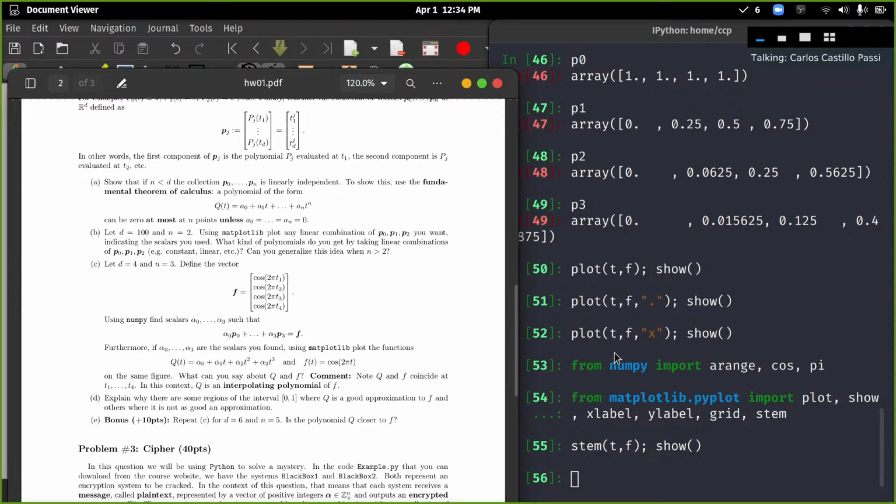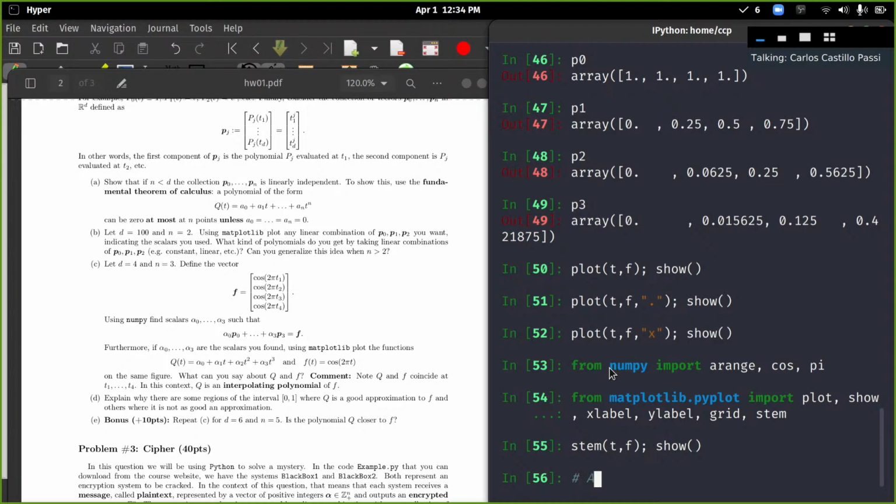So can you find a linear combination of the polynomials p0 until p3 that gives you this f? Have you seen how to solve this? Yes? Have you seen how to solve a times x equals to v in class?